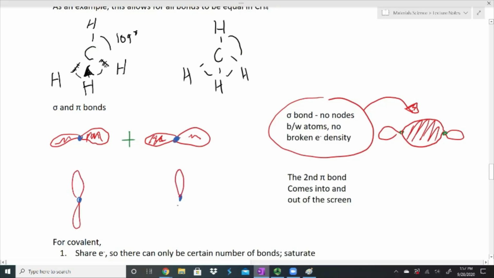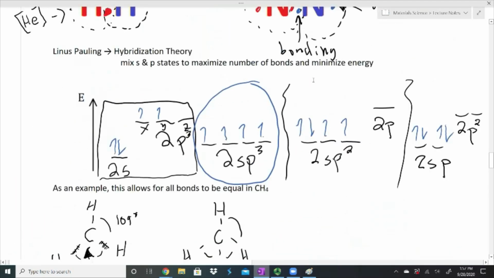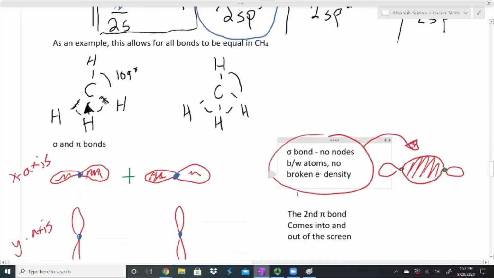I have the lobes that go up and down. So these lobes would be like my y-axis. Sorry, my x-axis. These ones would be my y-axis. And that's what we see when we're looking at these p orbitals here. I have some that are in my x, some in my y, some that are in my z direction.